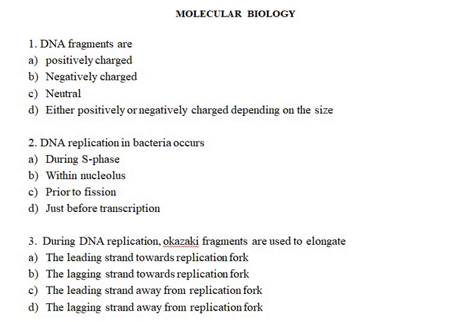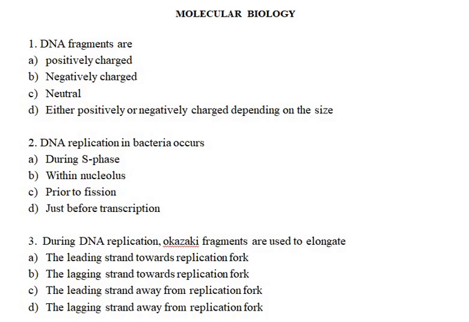So the first and second options are ruled out, and why not the fourth option, just before transcription? There is no rule that the DNA should undergo replication just before transcription. So the correct option is prior to fission. You know that the cell undergoes cell division.